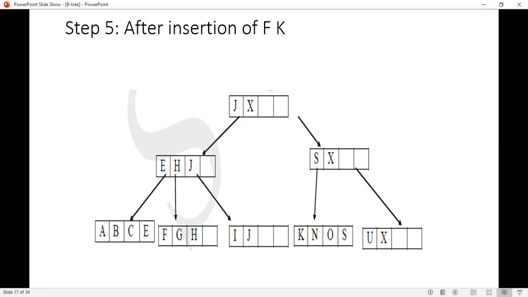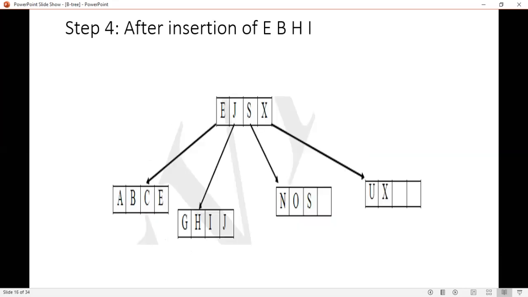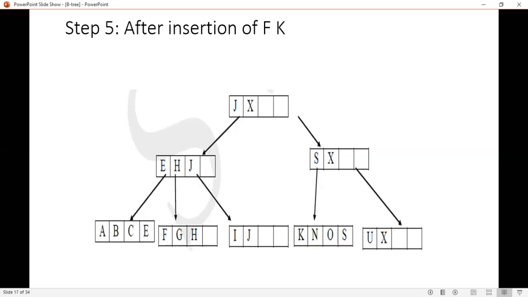Okay, now next what you have to add is K. Where to add K? See, in this previous diagram, the root node already has four child nodes. Okay, when you have four child nodes, and to the root node, if any key is added, then you have to split the root node also and create one more root node. That is what you are doing here.